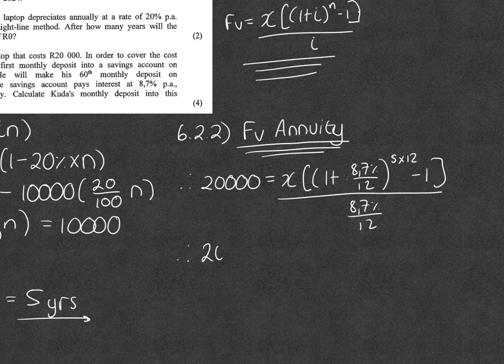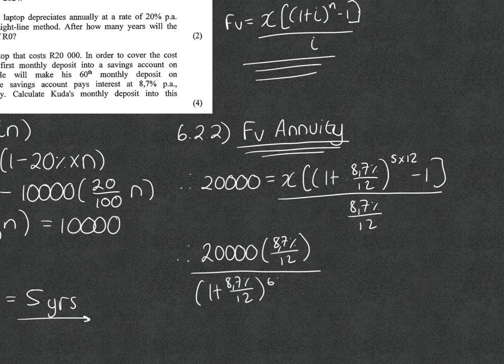Okay, therefore 20,000. Again, we do not touch our calculator until we have x by itself, all over, and I'm bringing this over, 1 plus 8.7% over 12 to the power of 60 minus 1 equals x.